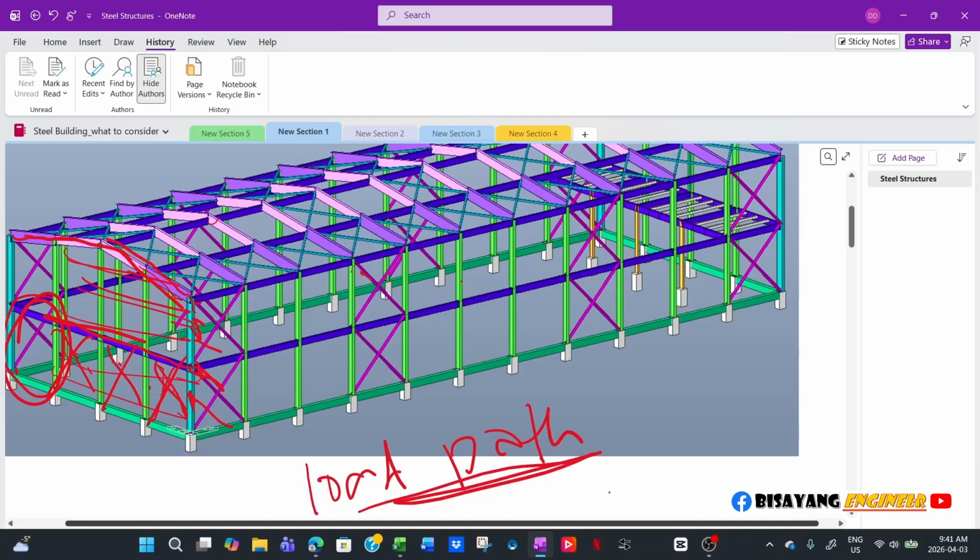So that's the one transferring all the loads. So it doesn't have to be symmetrical. What I mean is, if you put cross bracing, it doesn't mean that you are also required to put cross bracing in that area. So you can have one bracing only at end walls. I don't know if we can see here.